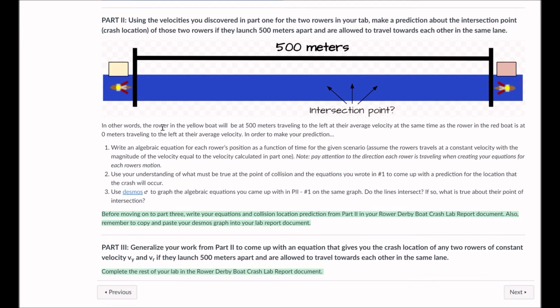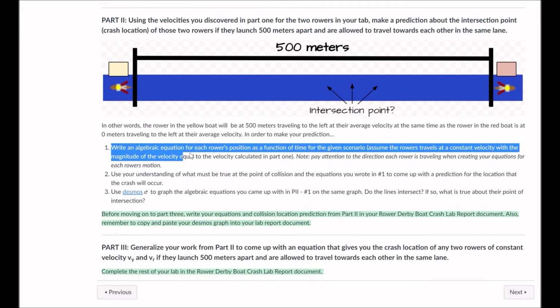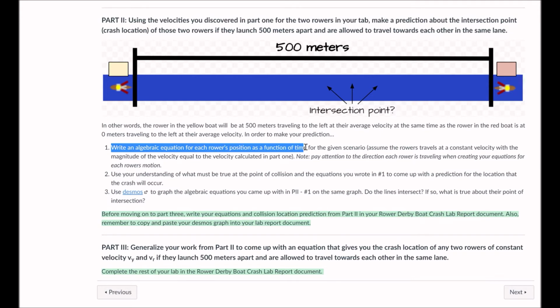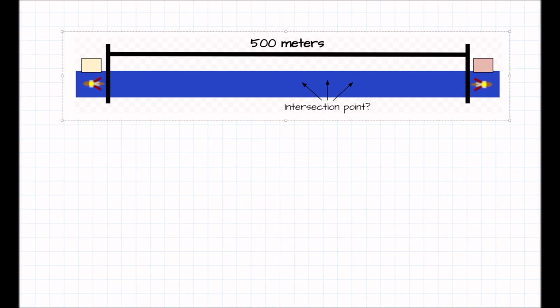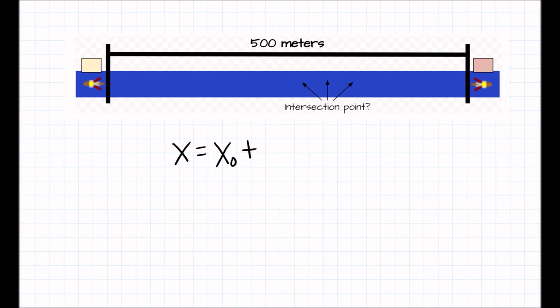To make your prediction, you need to write an algebraic equation for each rower's position as a function of time. Similar to what we did yesterday, we're going to make an equation for each of our rowers in the form of position as a function of time.